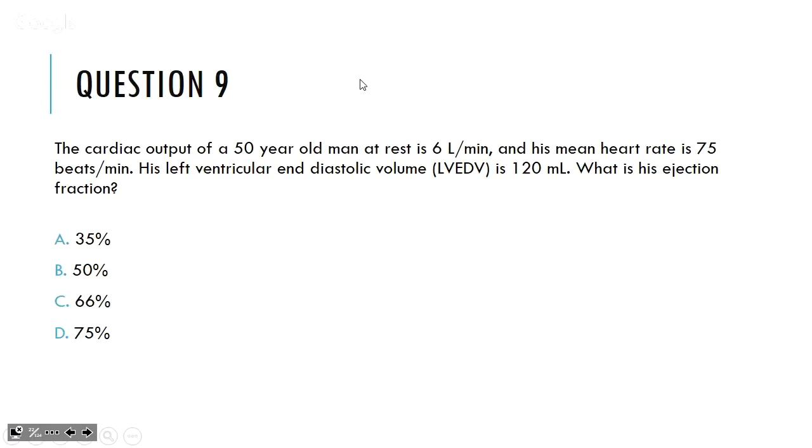Oh yeah, this is a bit of maths. Do you have an answer?